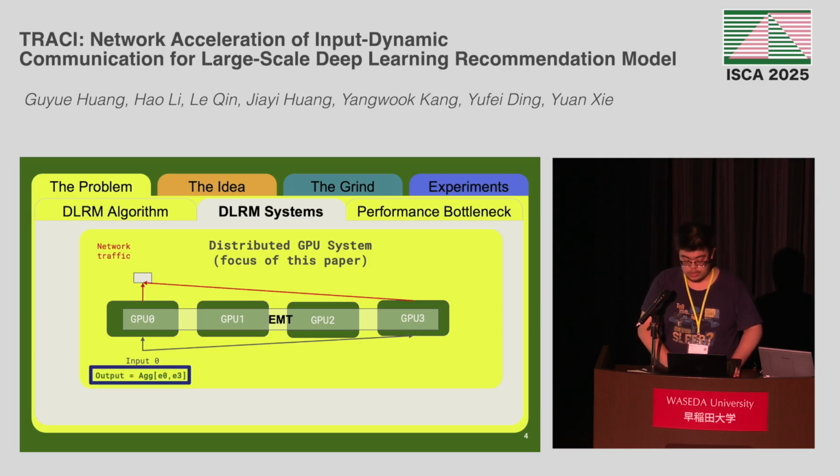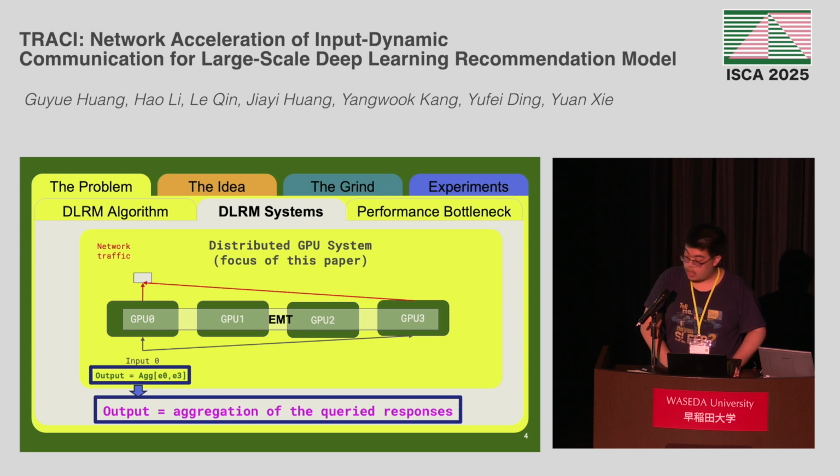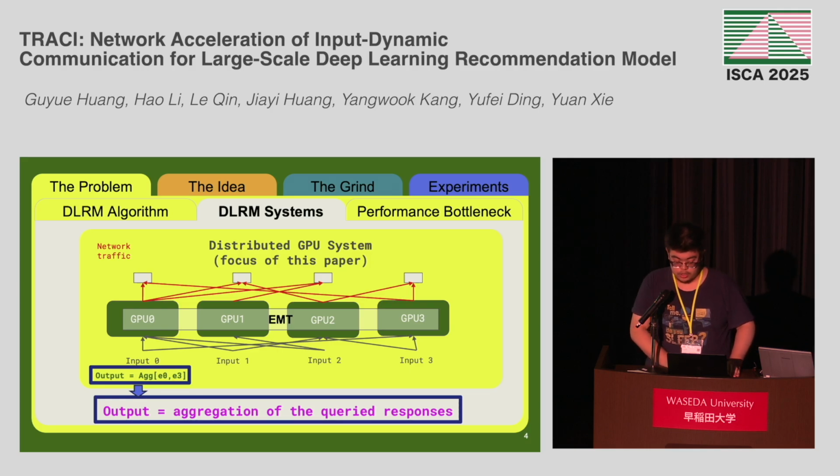We could use this kind of description to annotate this operation: output equals the aggregation of E0 and E3, which means the output equals the aggregation of the query responses. In a similar way, we could describe the other operations.